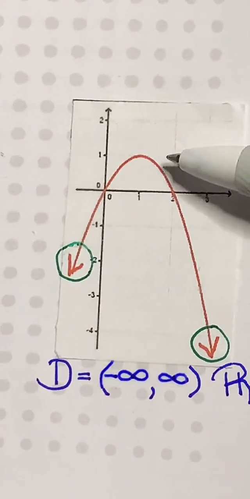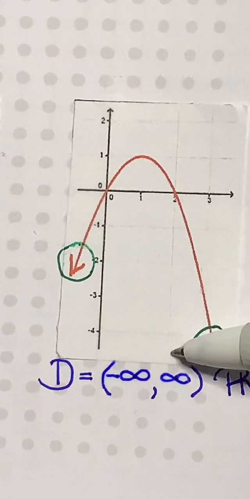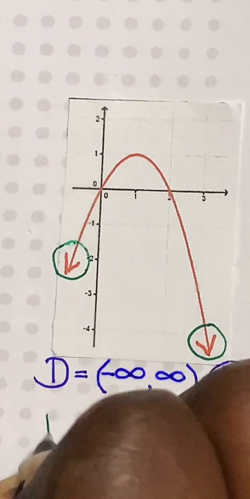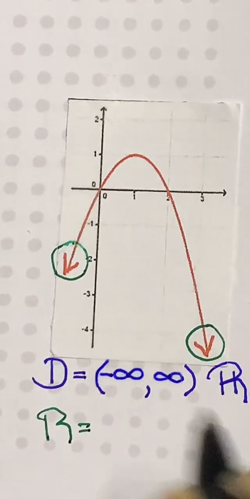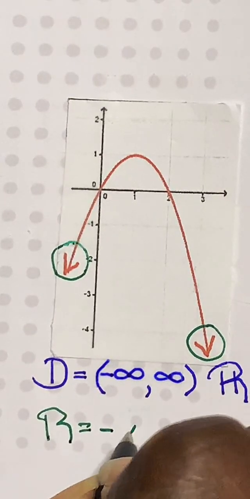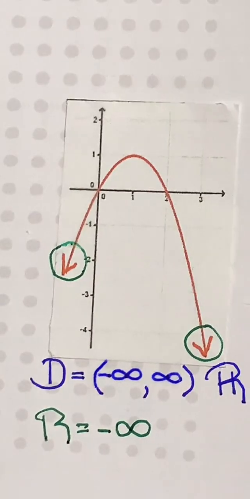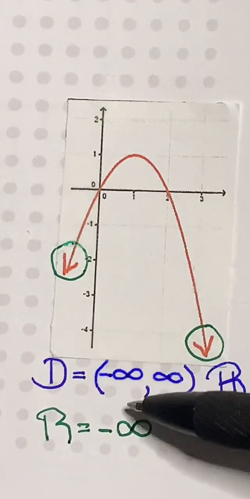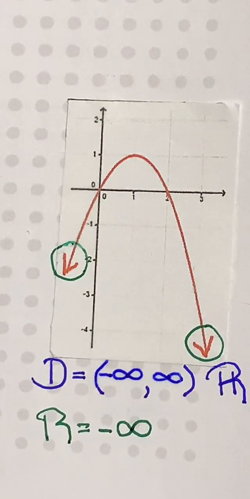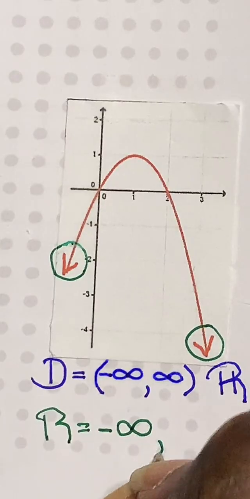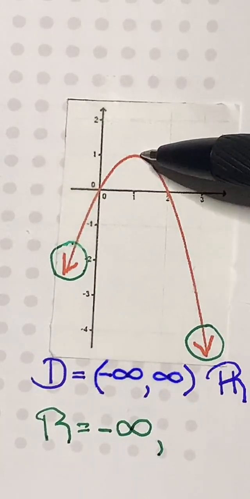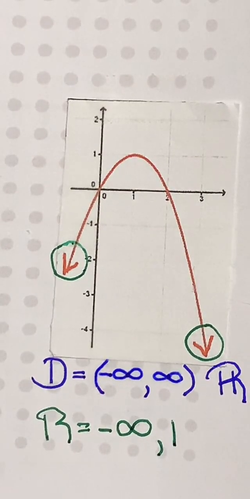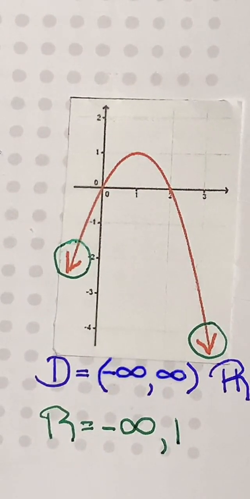Okay. So the lowest, for my range, is going to be that negative infinity, because the arrows are going all the way down to negative infinity. But the highest it's going to go is right here at 1. Okay. Good, Tyson.